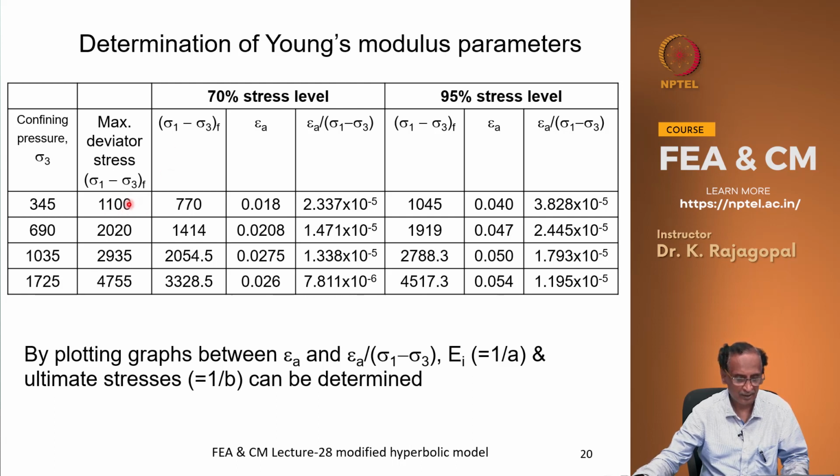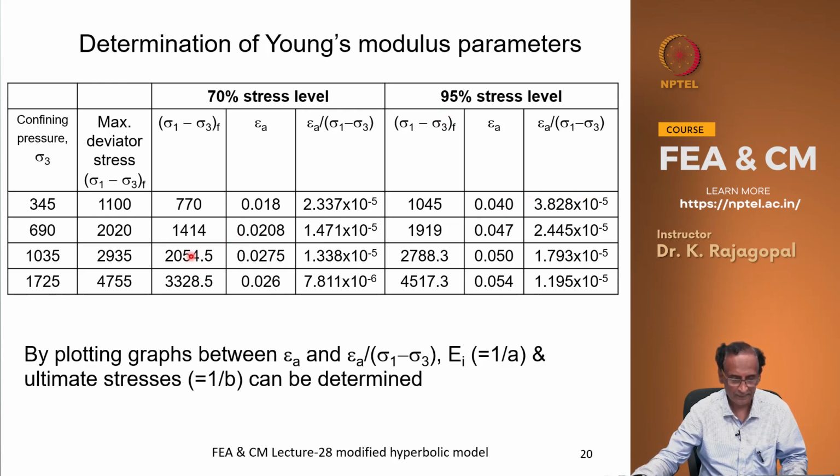So, 70% of this is 770, and 95% of this is 1045, and then the corresponding axial strain is epsilon A, and this is epsilon A by sigma 1 minus sigma 3, and epsilon A is 0.04 at 95%.